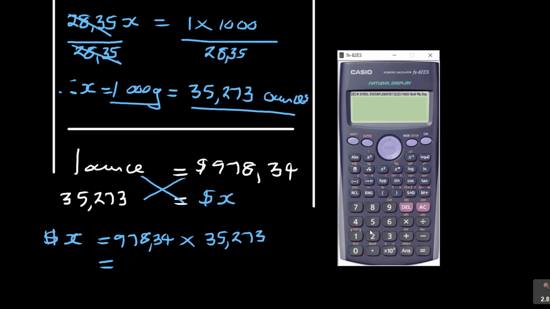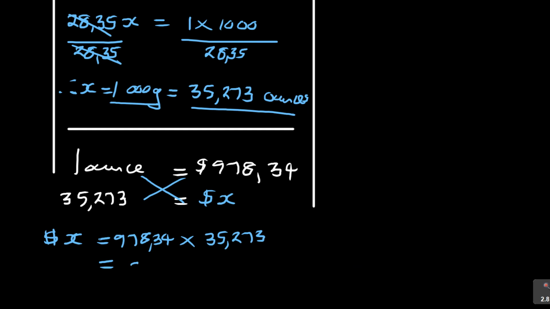So how much is this 1 kilogram of gold? 978.34 times 35.273 gives $34,508.99 US. Remember, that is X in dollars.